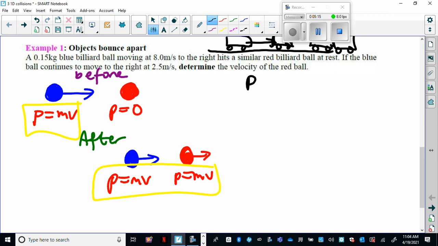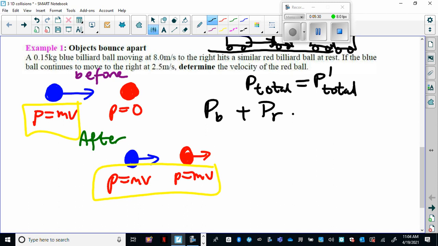But we'll just say the momentum total before equals the momentum total after, which would be the momentum of the blue ball plus the momentum of the red ball equals the momentum of the blue ball after plus the momentum of the red ball after. Now, you don't necessarily have to go through this procedure with all these steps, but I think it's important that we do it once so that you can see how it works.